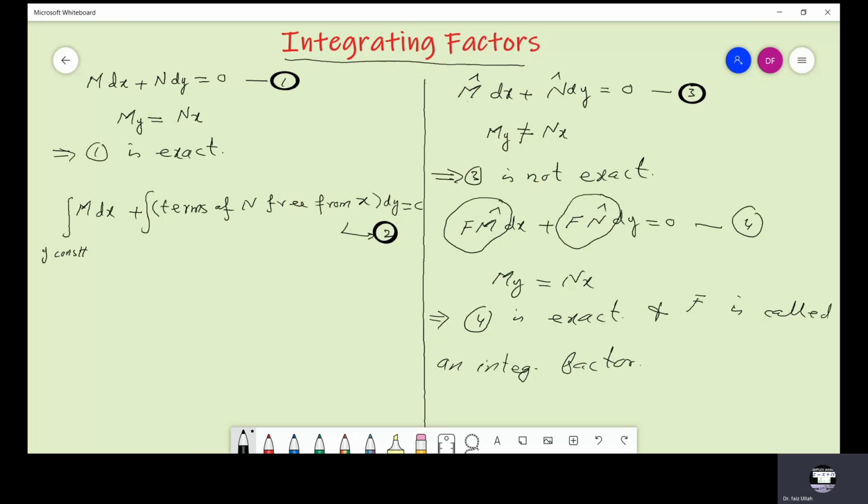So the main purpose of an integrating factor is that it converts a non-exact differential equation into an exact differential equation. In this lecture, we shall study 4 cases or 4 rules to find f.